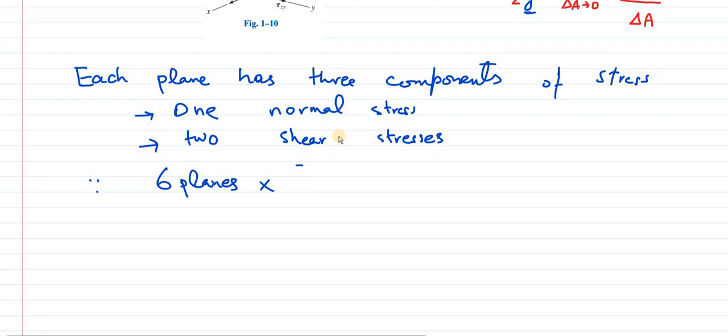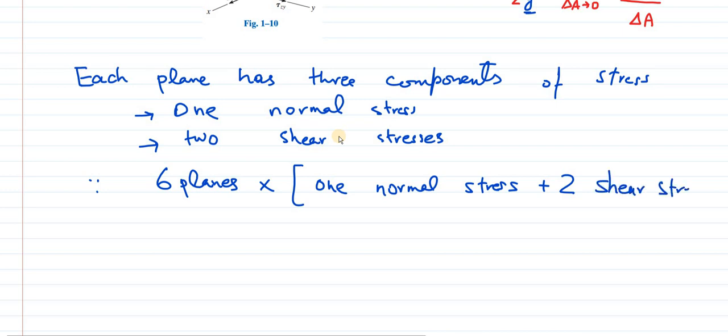Each plane consists of one normal stress and 2 shear stress components. This plus sign is not an algebraic summation. I'm just telling you that we have one normal stress and 2 shear stress components.